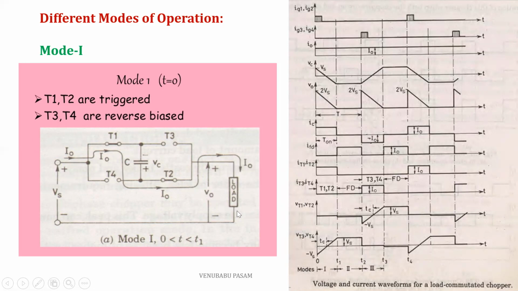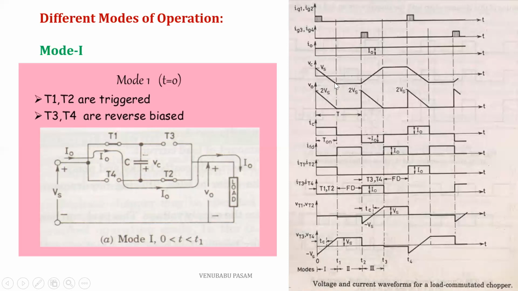The load current I0 flows through T1, capacitor, T2 and load. This is constant, and this capacitor discharges from positive Vs to 0 and then charges again to minus Vs during this period of 0 to T1.